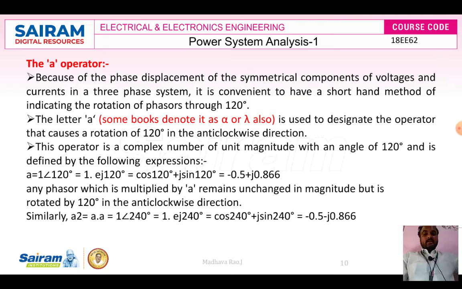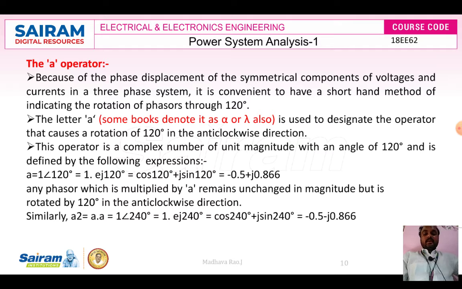Any phasor multiplied by A remains unchanged in magnitude, but is rotated by 120 degrees in the anti-clockwise direction.